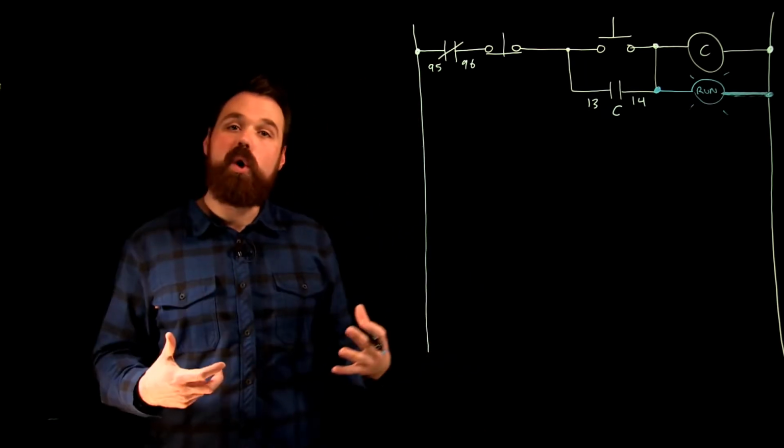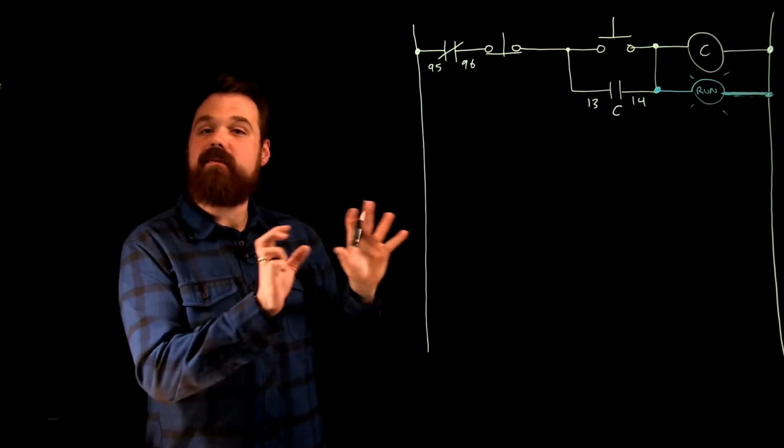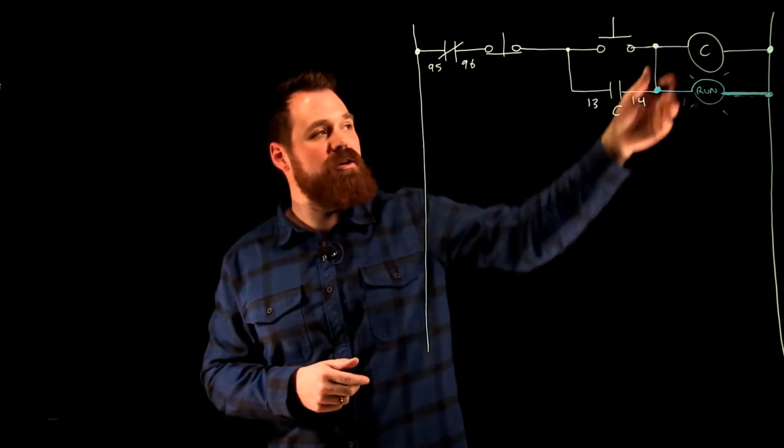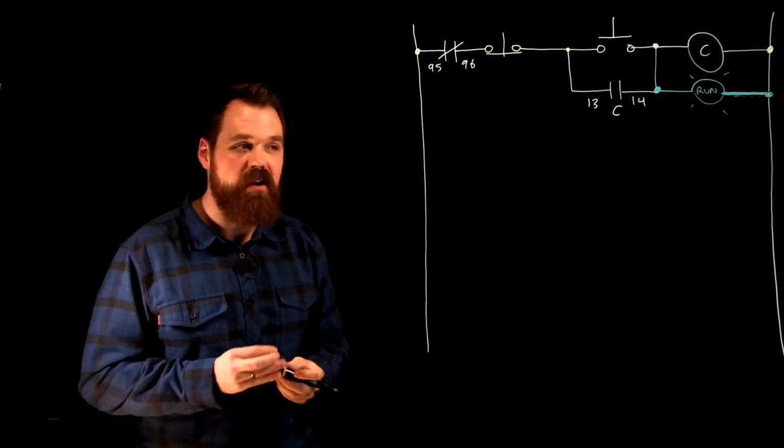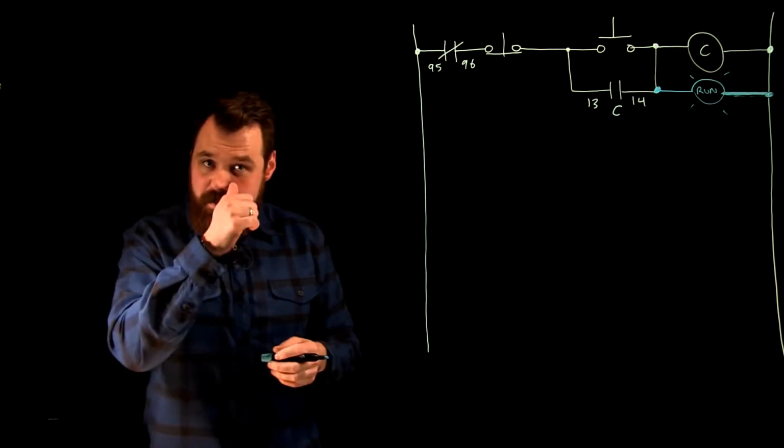So again, all loads, we want to put them in parallel, never loads go in series. So this way, whenever my contactor is energized, the same voltage is going to be applied across that run light. So that's one way to do it.